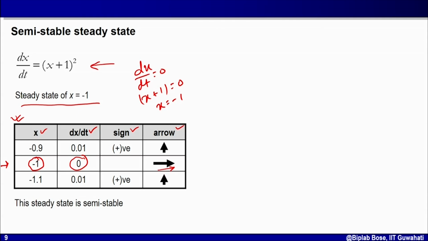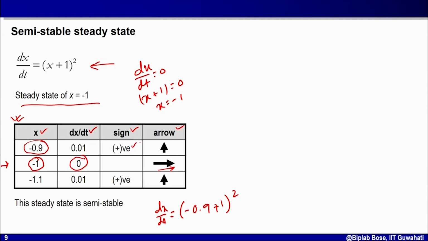Let us now take a slightly higher value. Remember, the value slightly greater than the steady state will be in the first row. So I have taken minus 0.9, and you can easily calculate. So dx/dt is equal to (minus 0.9 plus 1) whole squared. So the value is 0.01, and obviously the sign will be positive because you have a square term.